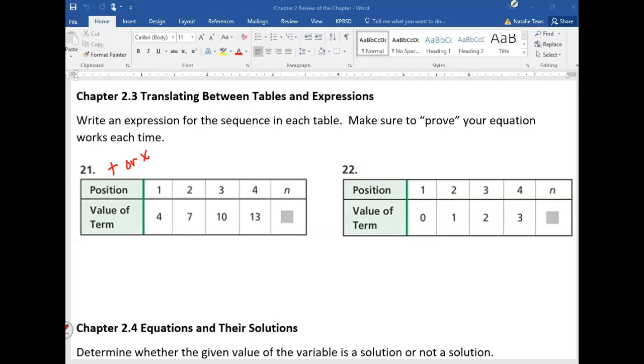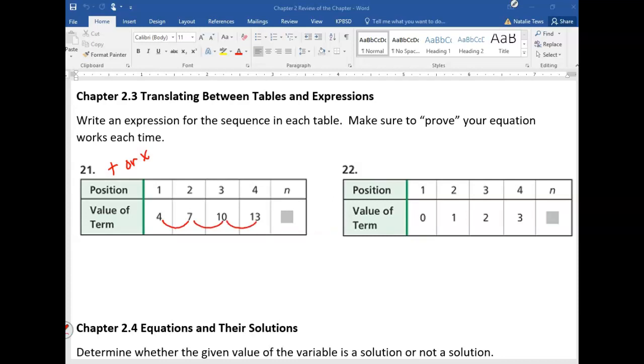So what does this tell me about this problem? If both of those don't work, it tells me I'm going to have a two-step problem, right? So in that case, does this seem familiar that we did in notes? Yes.